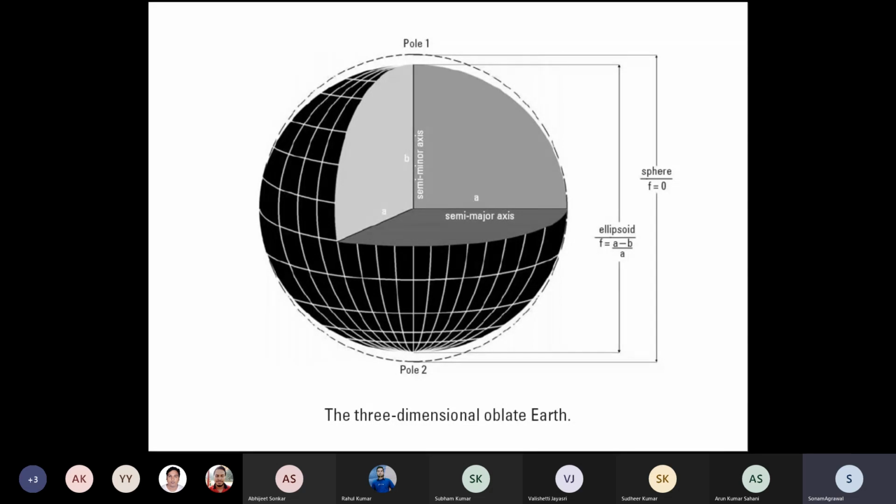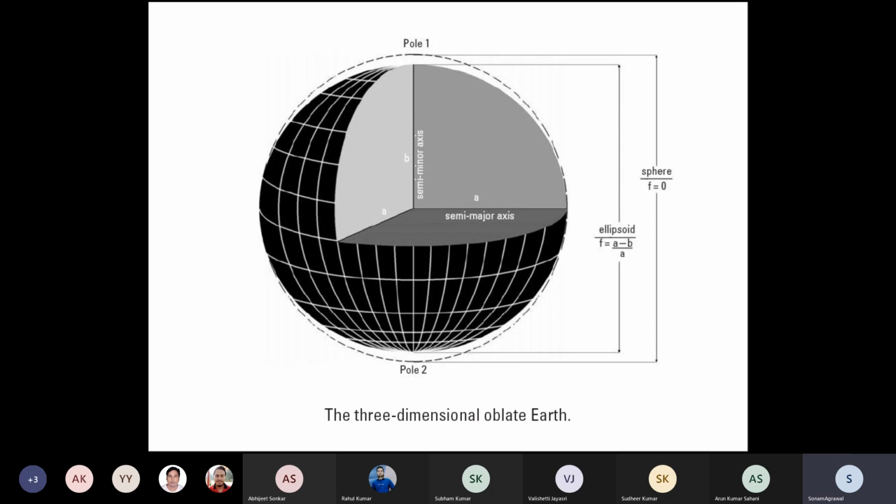Are you getting this point? Why are we taking the inverse flattening? Because when we see the value of flattening, specifically for the earth, it is 1 upon 295. If you put the value of A and B and calculate it as A minus B upon A, the final value will come as 1 upon 295, which means 0.003389831.